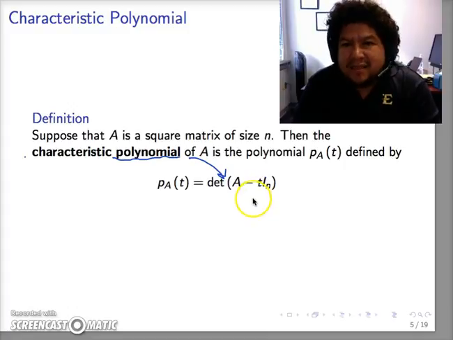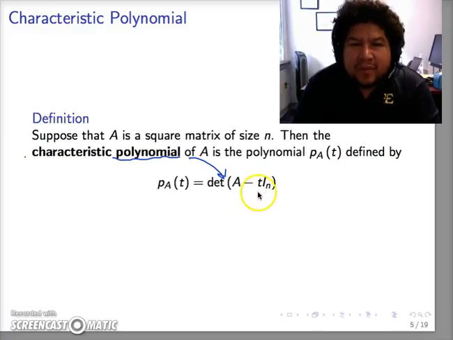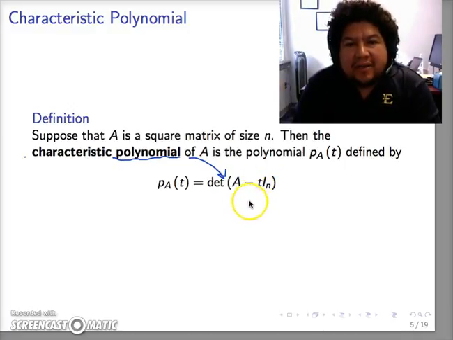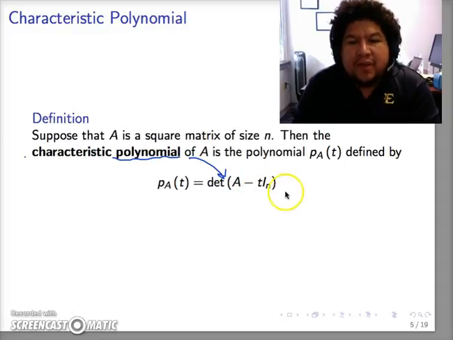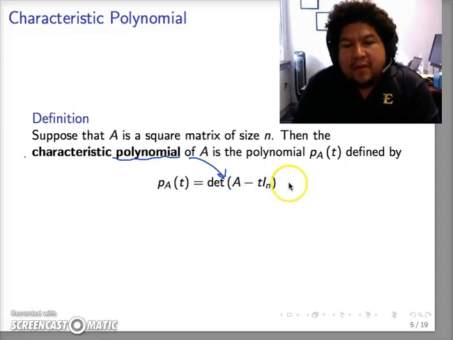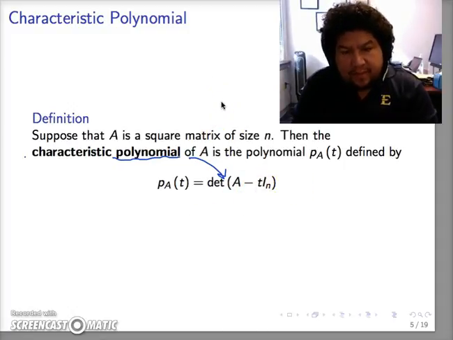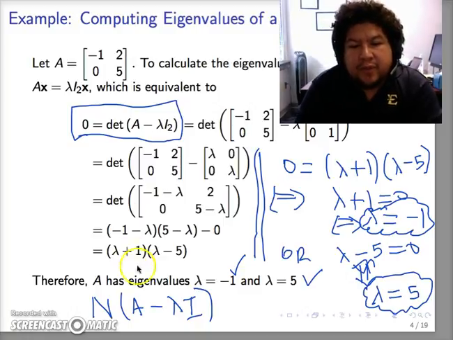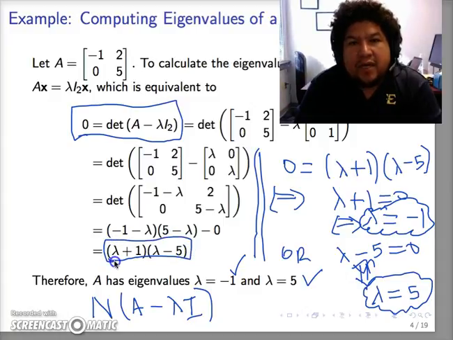So let's consider this scalar. We were using lambda before, but let's use a different character here. Let's use t, for example. Note that in the previous example, we ended up with an expression involving lambda in factorized form.